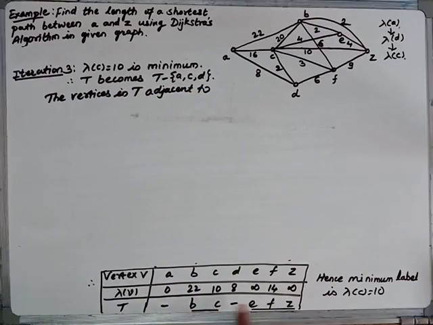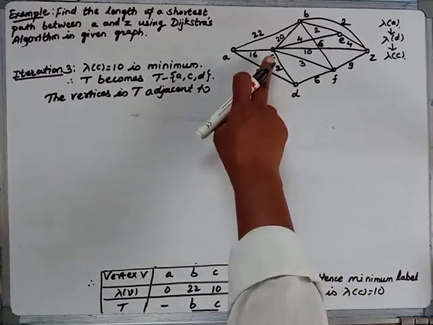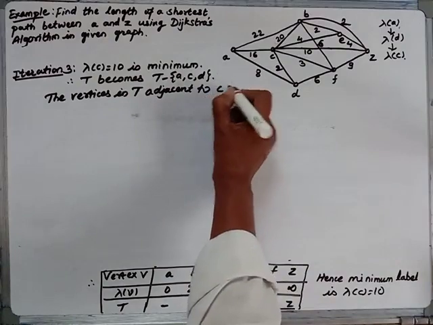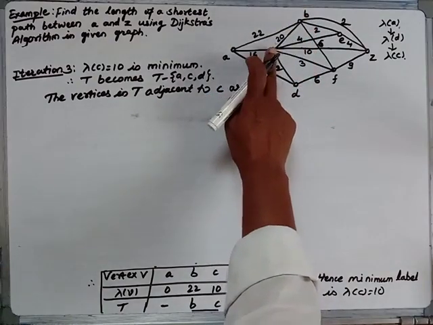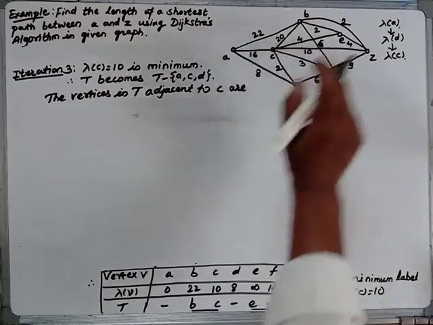Between B, E, F, Z, what are adjacent to C? B is there, F is there and Z also.